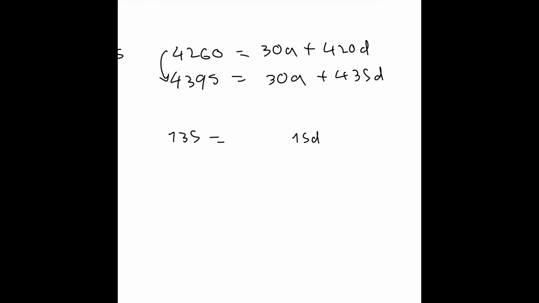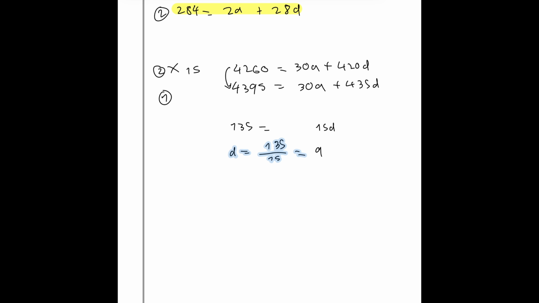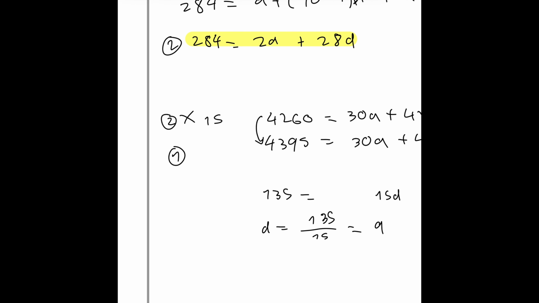So d is going to be equal to 135 over 15, which is 9.